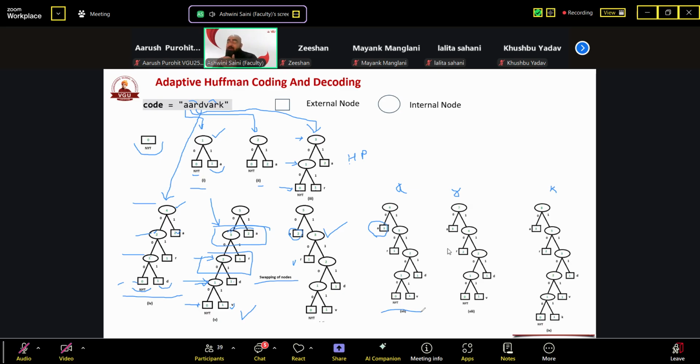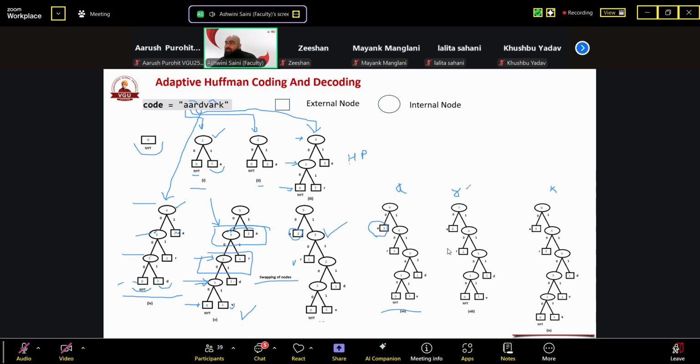Is swapping required? Is the Huffman property satisfied? So that was 2, this is 3. So 3 and 3, there is no issue. If we have the same weight, we can use that weight as it is. No swapping is required. If A had weight 4, then we had to swap. Is there any issue with this? I think there is no issue.